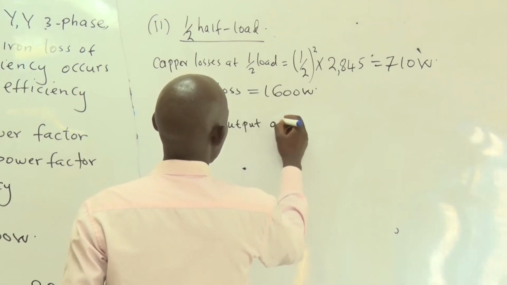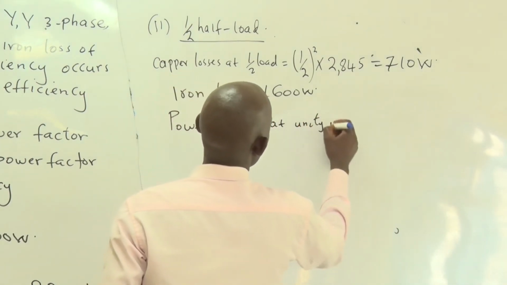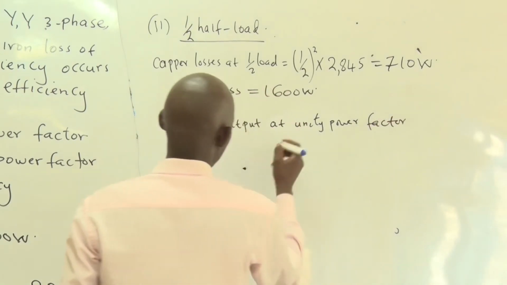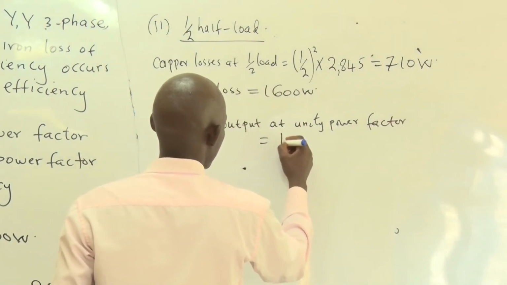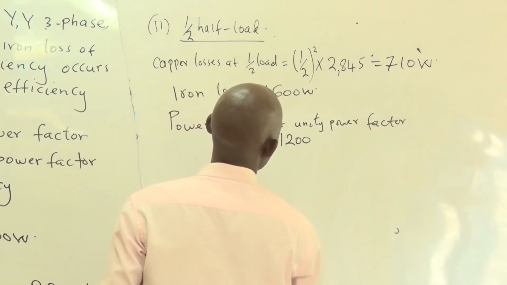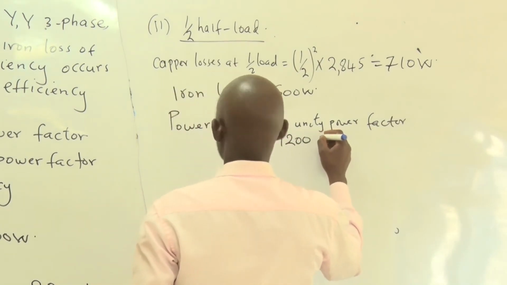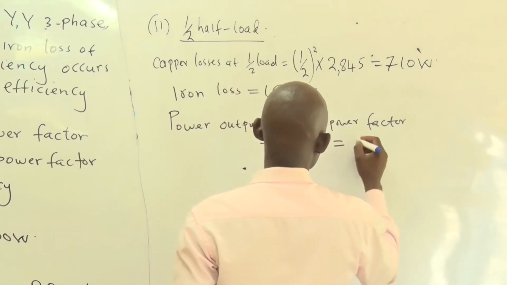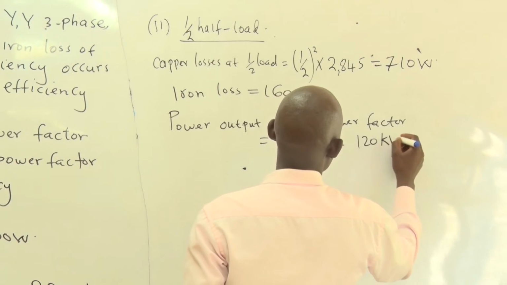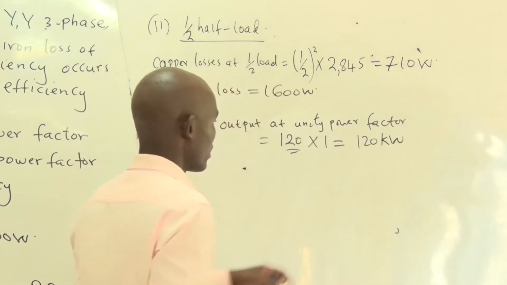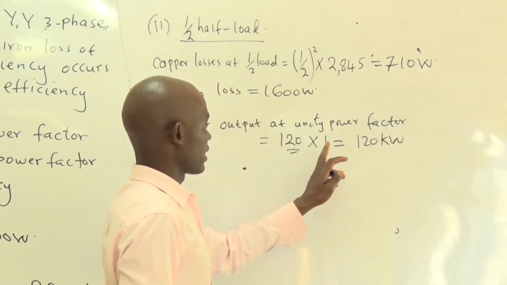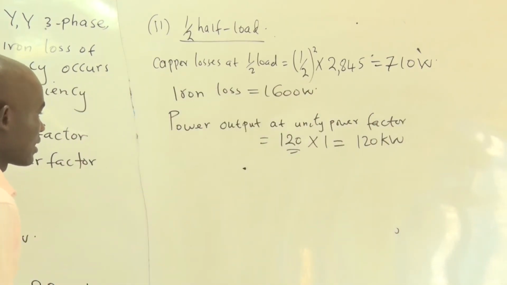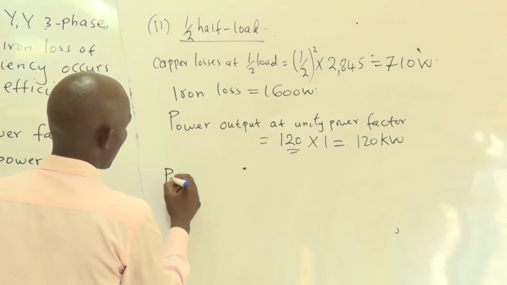The power output at unit power factor will be given by 120 multiplied by 1, which gives us 120 kilowatts. Remember, this was kVA. We have converted it by multiplying by the power factor. You get 120.